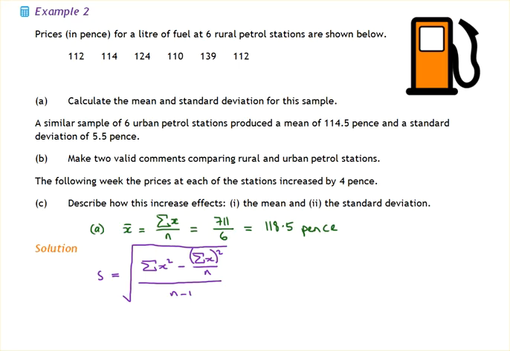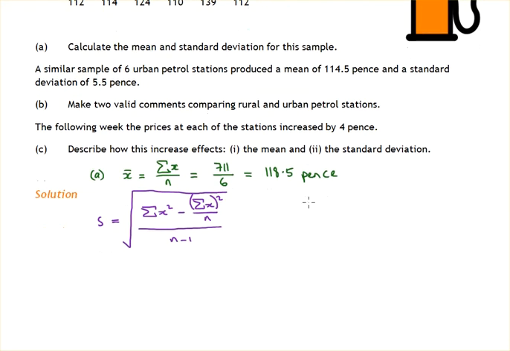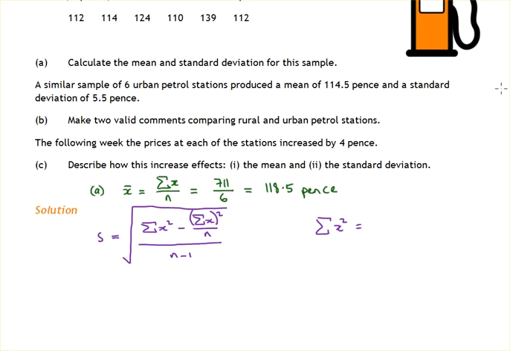And then I find the best way to do this is to build up the components needed in this formula. By that I mean work out what sigma x squared is, and work out what sigma x all squared over n is. So first of all, sigma x squared, the way to find that is to take each x value in turn, square it and add it to the square of all the others.